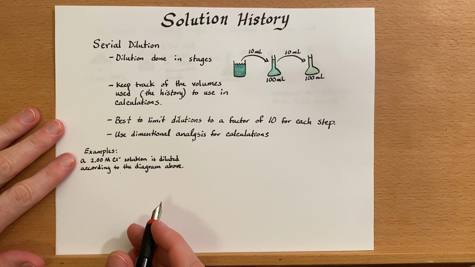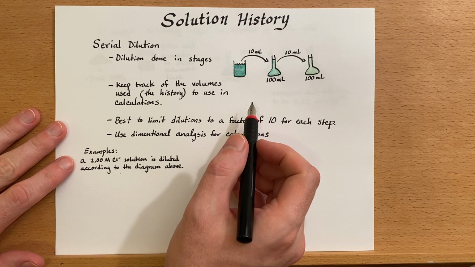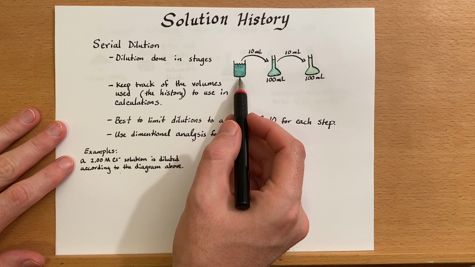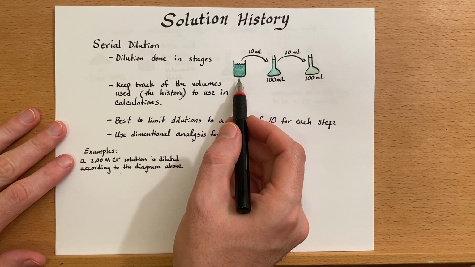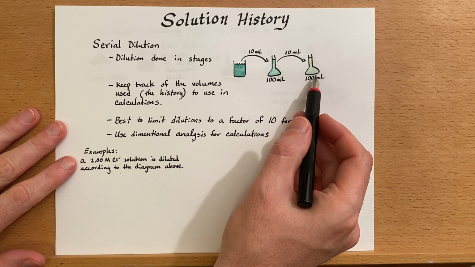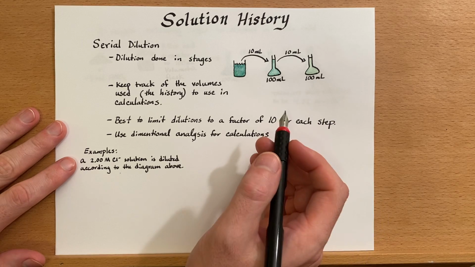So let's do an example using dimensional analysis to calculate the concentration of a solution. And let's say this solution right here is 2 molar in chloride ion. And I want to know what the concentration of this solution is in chloride ion.